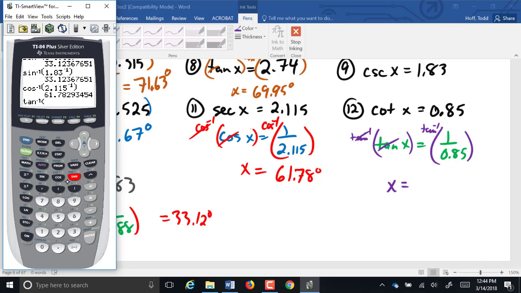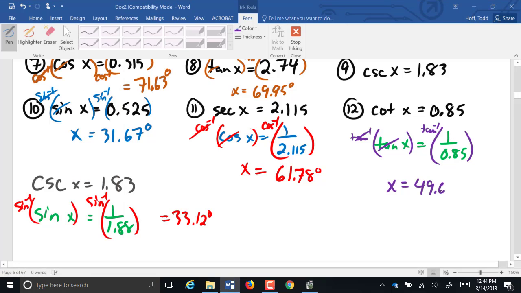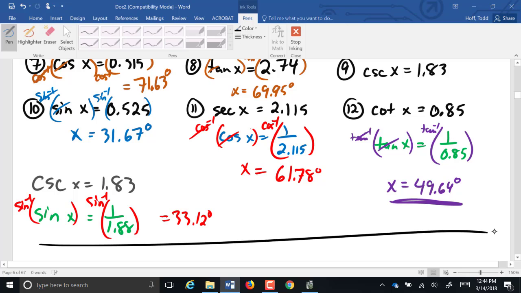I can either put in 1 divided by 0.85, or I can do 0.85 x negative 1 in the parentheses. 49.64. Did that answer your question as to why the x negative 1 has to be inside the parentheses? Okay. Any questions on those?